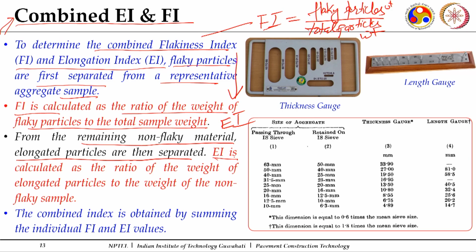So, this elongation index will be your elongated aggregate weight divided by your non-flaky aggregate weight, because the initial aggregate weight which you have taken is the non-flaky aggregate only, and on the non-flaky you have done the measurement of elongation index.